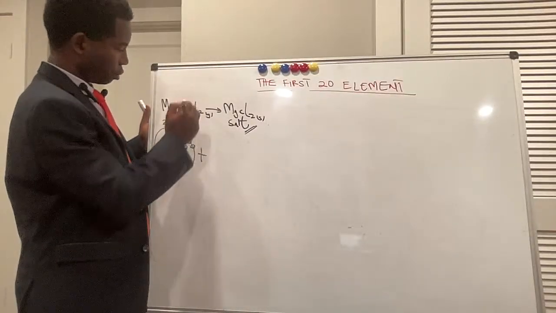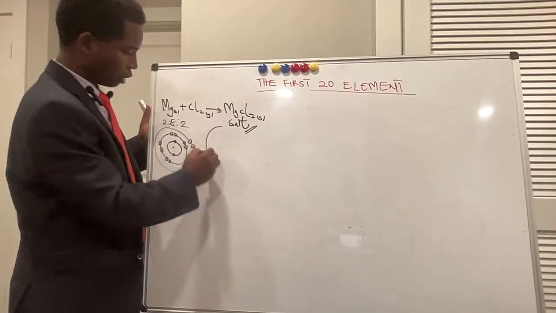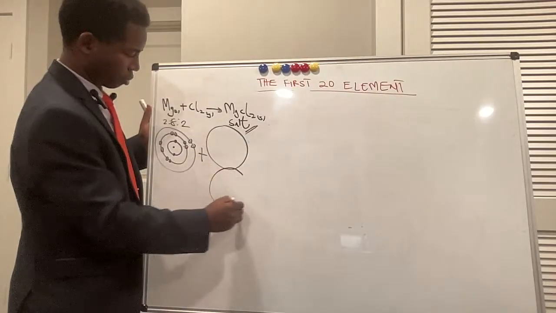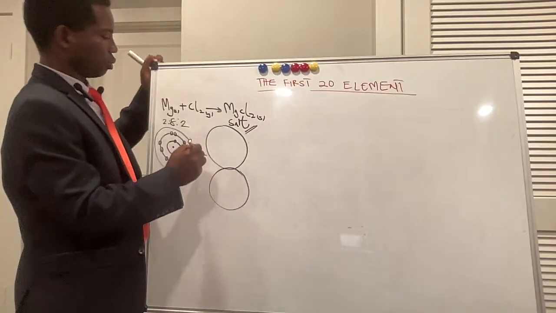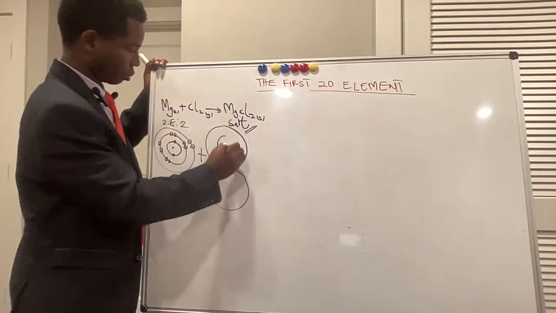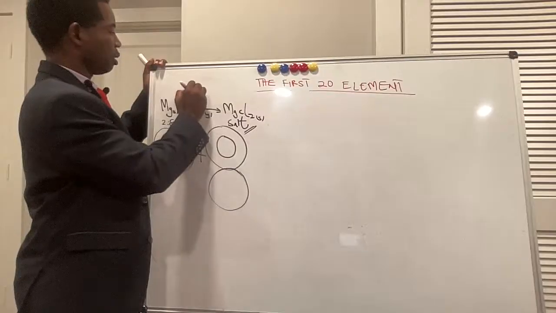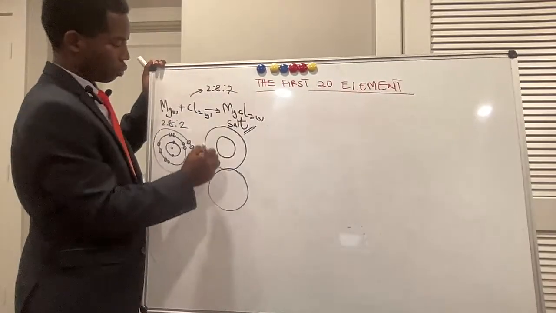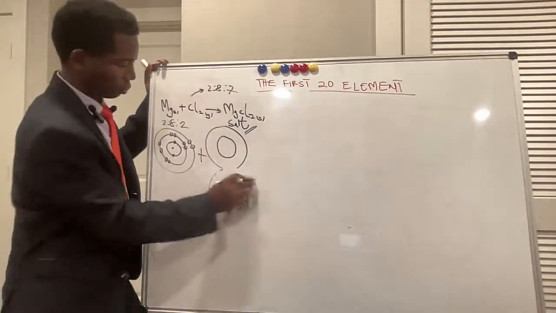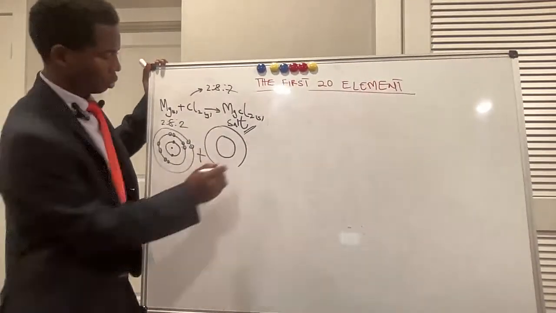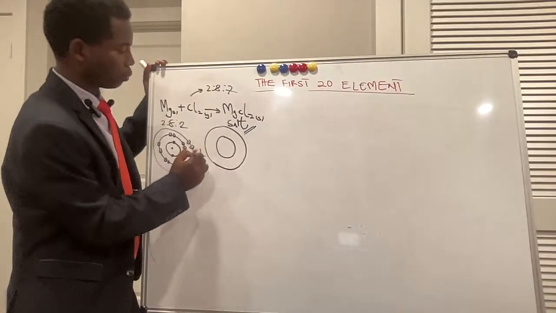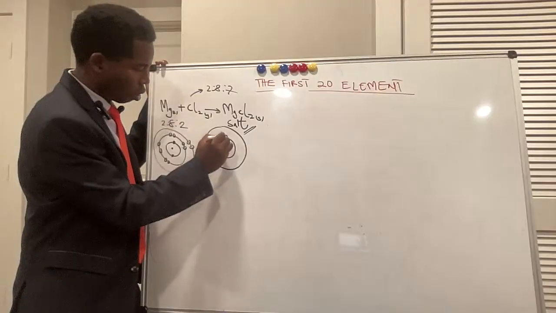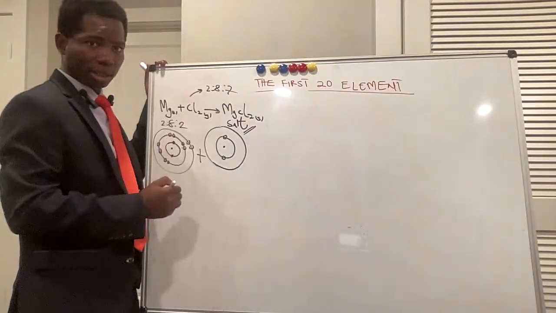There are 2 chlorine here. Let's put 1 here and 1 here. The electronic configuration of chlorine is 2.8.7. The first shell takes a maximum of 2. The second shell takes a maximum of 8, right?